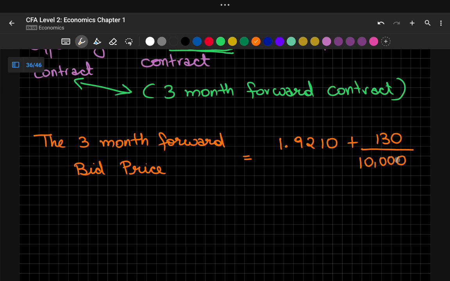I have to convert it into decimal from pips, so I divide by 10,000. It will give me 1.9340.